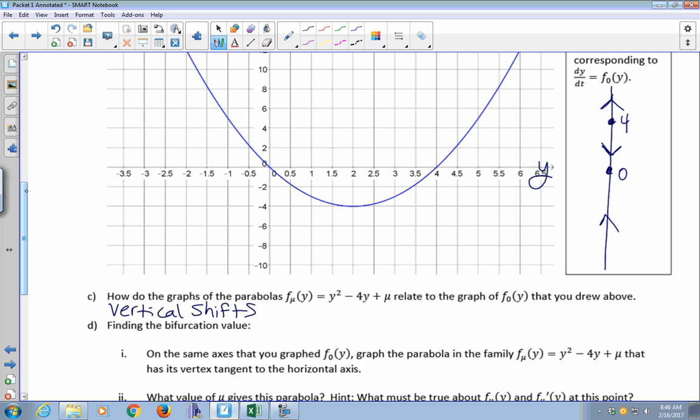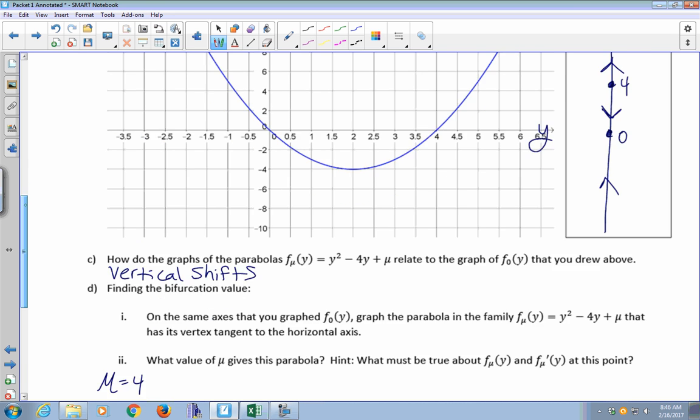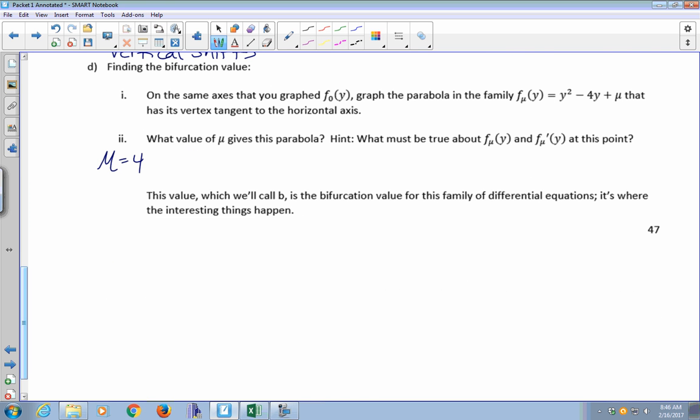To get this point on the x-axis, I need the function to equal 0 and the derivative to be 0 at that point. Both things have to happen simultaneously. So I would solve f_mu equals 0 and f_mu prime equals 0.